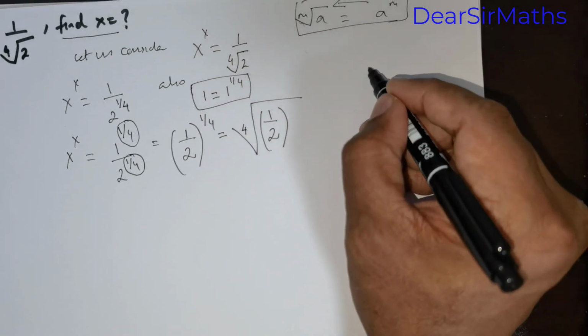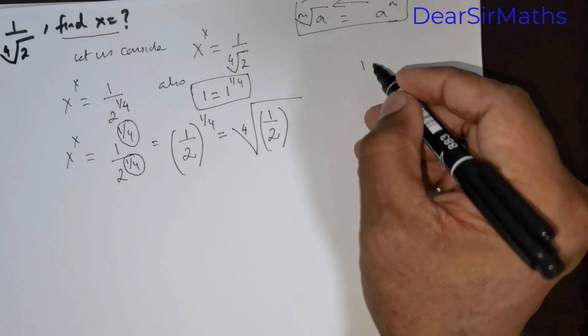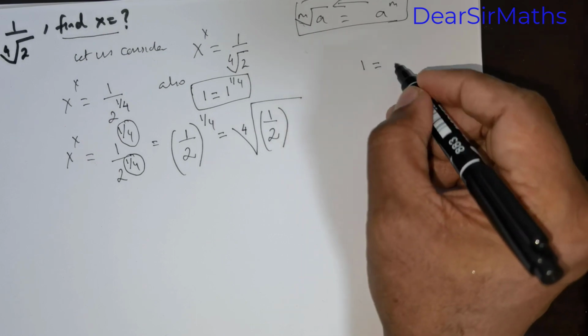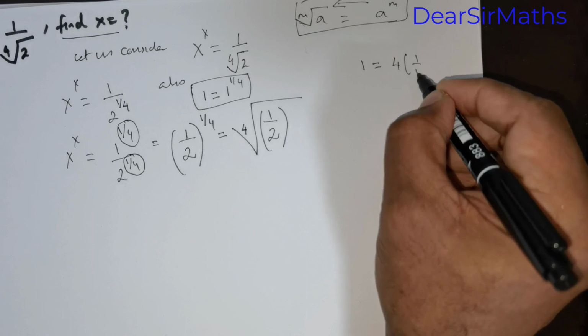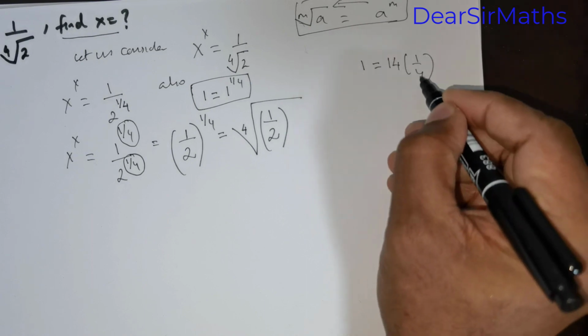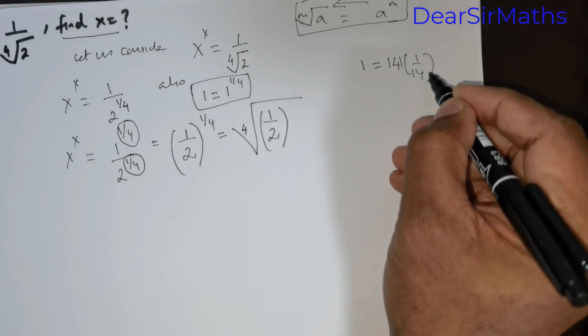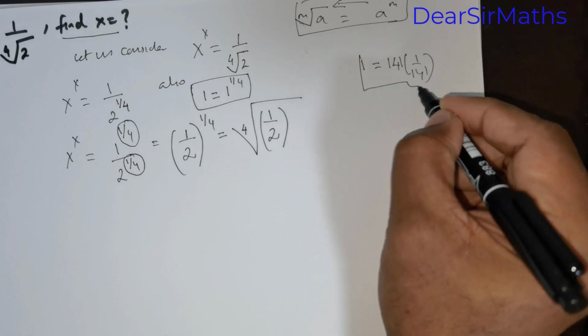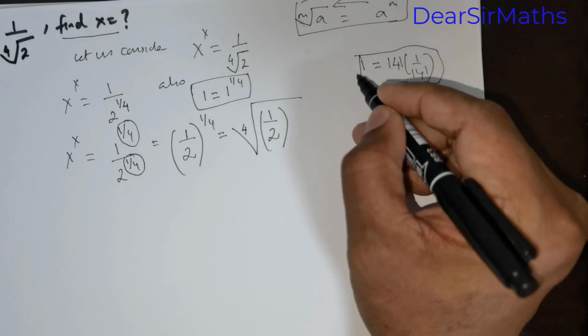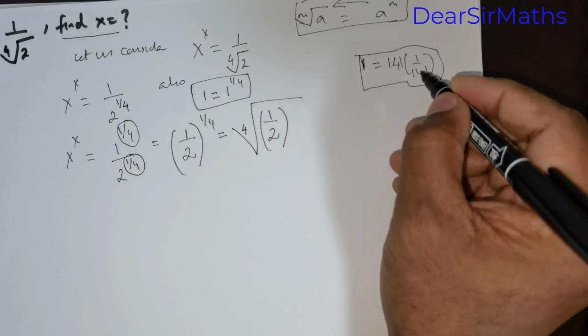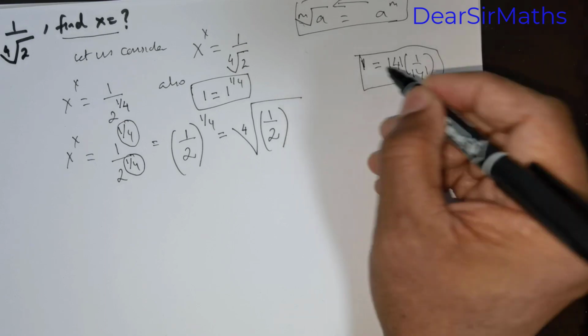Now the next step is, suppose you have a quantity, say 1. You can write 1 as 4 times 1 over 4, or 14 times 1 over 4, or 141 times 1 over 4, depending on what you want. It's not going to alter the quantity on the left hand side. In any case, it's still 1.